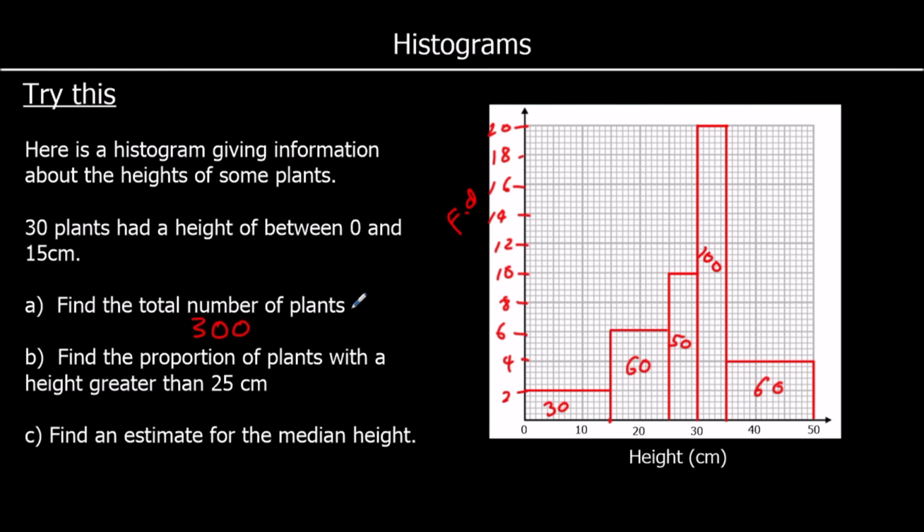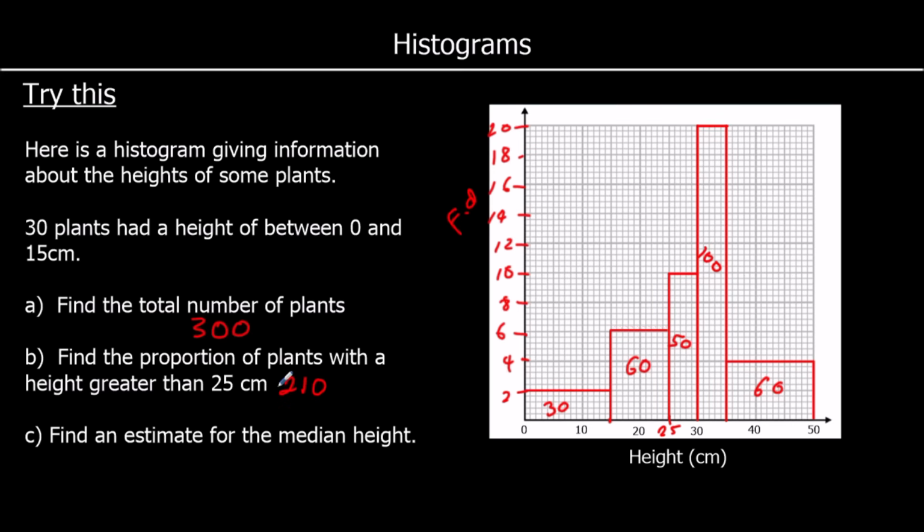What proportion, so what fraction of the plants had a height greater than 25 centimeters? So how many had a height greater than 25 centimeters? So 25 is here. So greater than 25 was 50, 160, so 210.